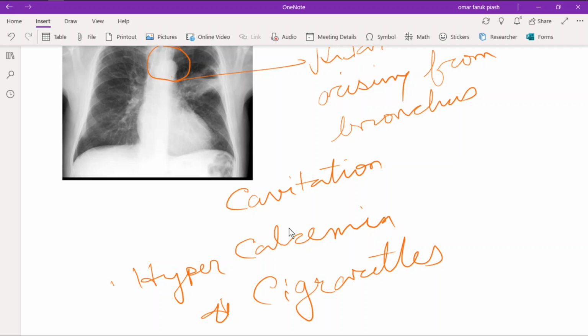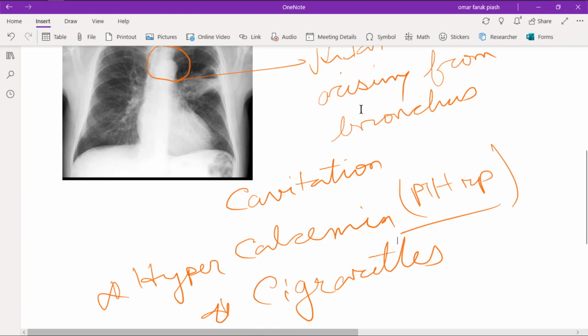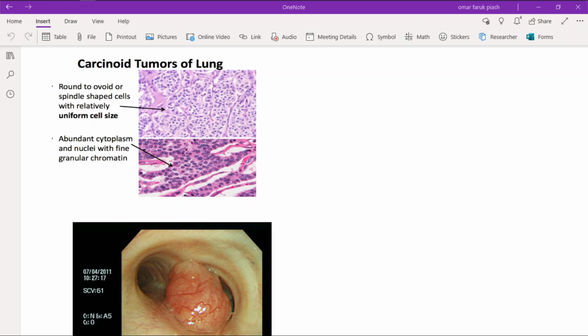Why hypercalcemia? Because parathyroid hormone-related peptide is associated. That's why there is hypercalcemia.